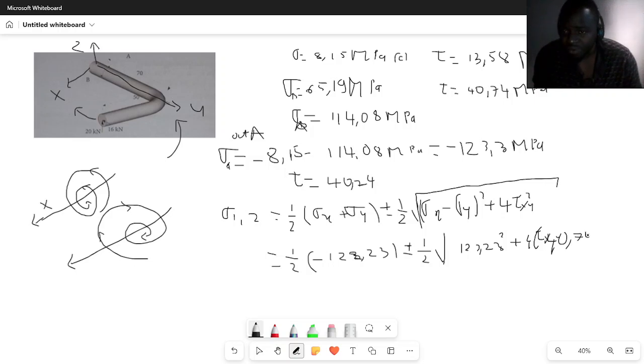Remember the 40.74 is simply the shear due to the torque.